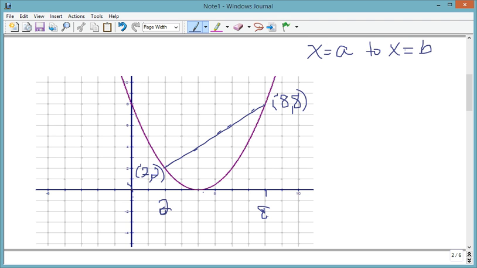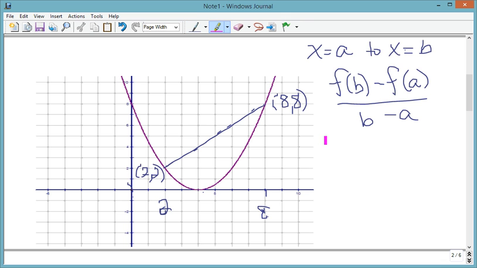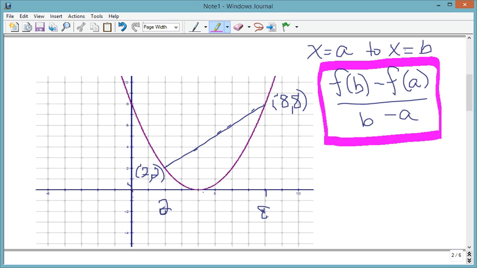It doesn't really matter what a and b are as long as they're in the domain, right? And you remember that we chose the y values because that's how you find the slope. It's the change in the y's over the change in the x's, right? So the y values are the f of x values. So I want to find f of b minus f of a over, and then in the denominator is the change in the x's, so that would be b minus a. So this is the formula for the average rate of change.